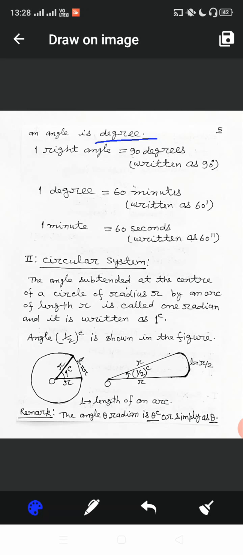So, one right angle is equal to 90 degree, 1 degree is equal to 60 minutes and 1 minute is equal to 60 seconds.